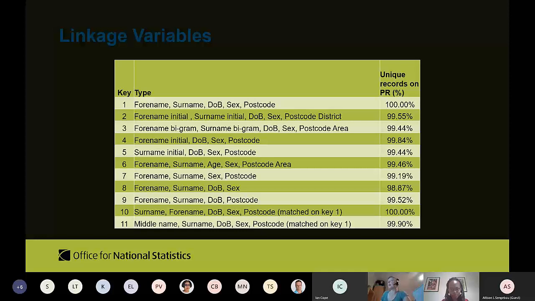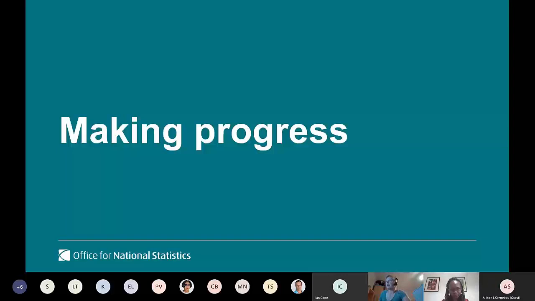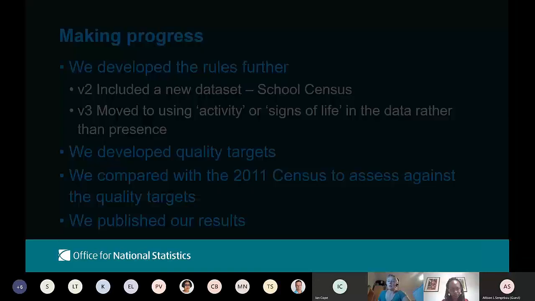Okay, I'll carry on. So, making progress. Since our first attempt at producing an SPD, we've made quite a bit of further progress. We've developed our rules further and included new data sets.